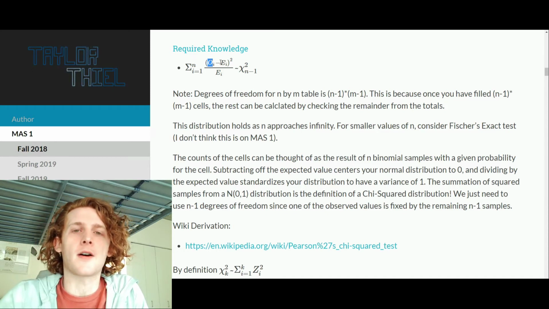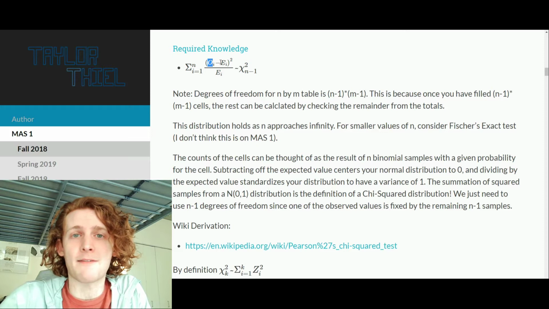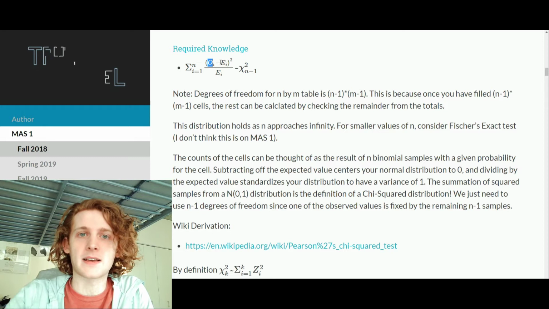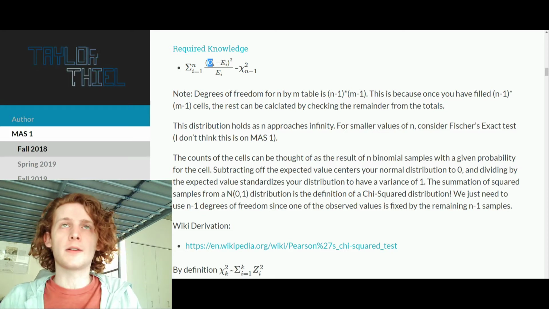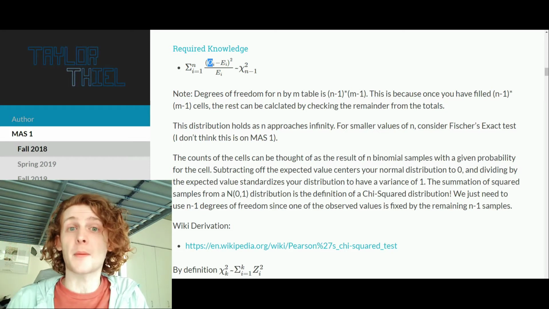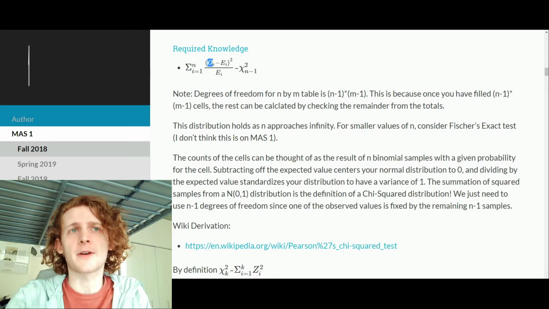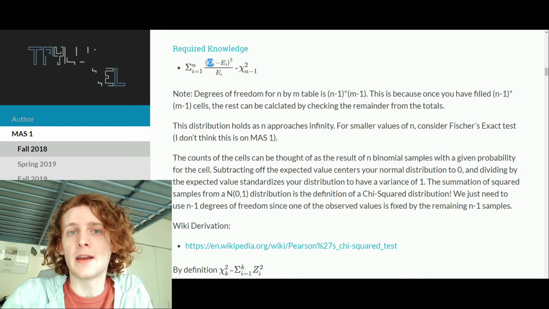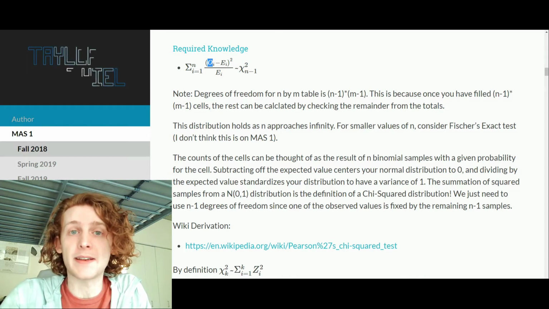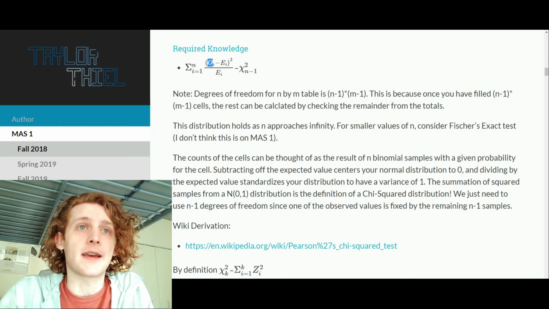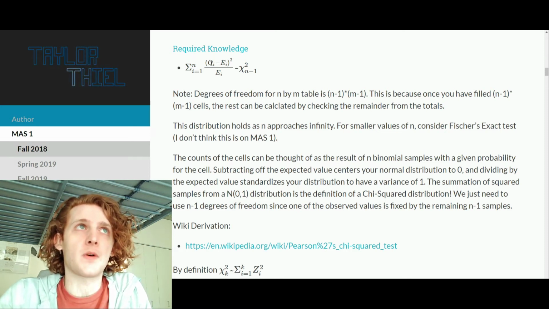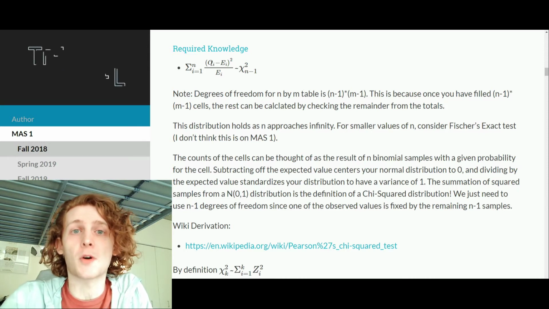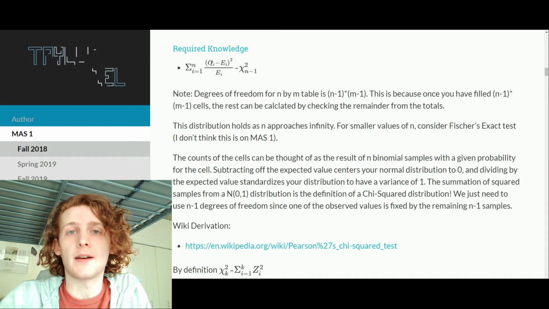We have our observed counts, and that follows a binomial distribution because you can think of it as there's some true sample rate. You're taking n samples from that binomial distribution, right? So in our question, we're going to have 180 rolls of the die with a corresponding probability of 1/6, but by the central limit theorem, we know that that's going to approach a normal distribution as n approaches infinity.